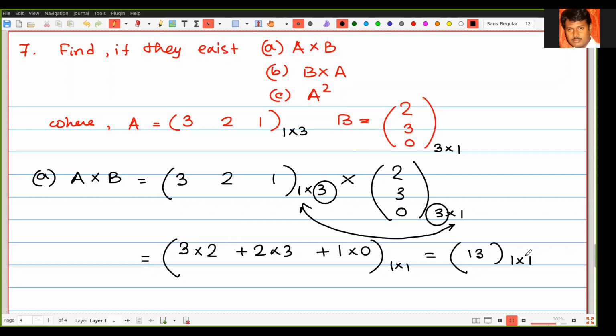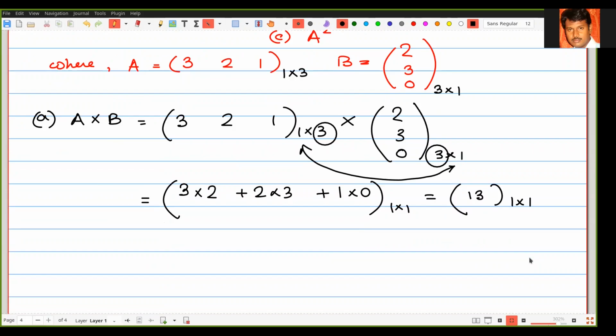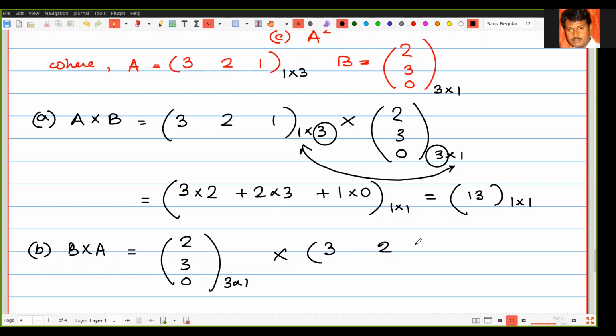Next, we proceed with B cross A. So B cross A is equal to [2, 3, 0], that is 3 cross 1, times [3, 2, 1], that is 1 cross 3.